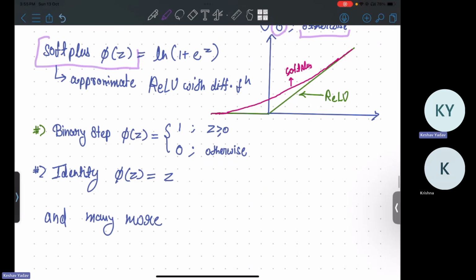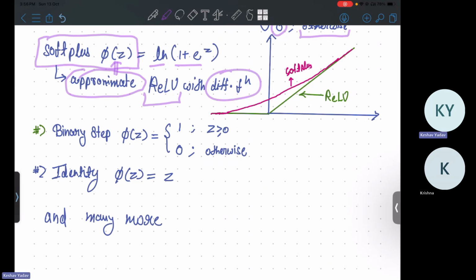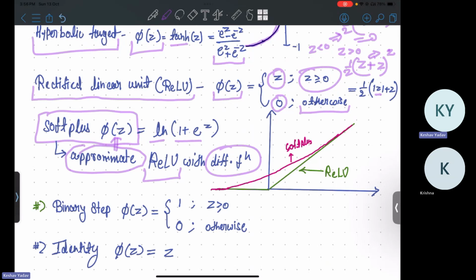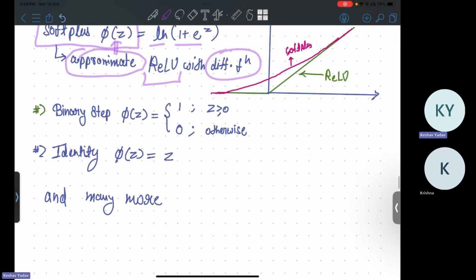The next type of activation function is the softplus activation function, where phi z is ln of 1 plus e to the power z. It is nothing but an approximation of ReLU, the rectified linear unit, with a differentiable function. So this green one is ReLU, and this red one is my softplus.